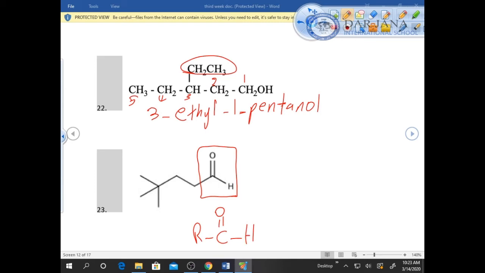So the name of this molecule is, give the carbon of the carbonyl group number 1 and move to the left 1, 2, 3, 4 and 5. So on carbon number 4 there are two methyl groups. So the name of this molecule is 4,4-dimethyl pentanal.